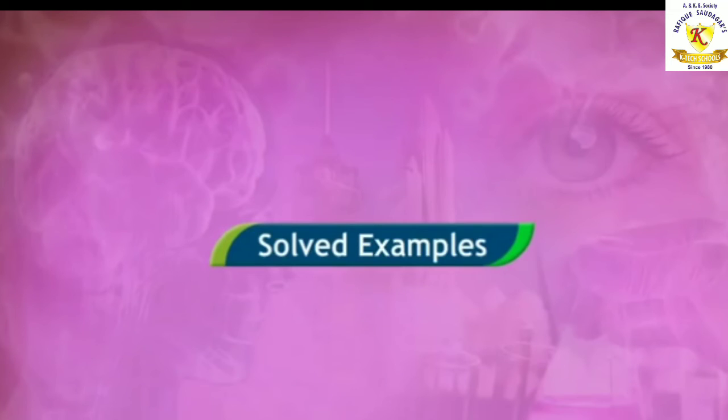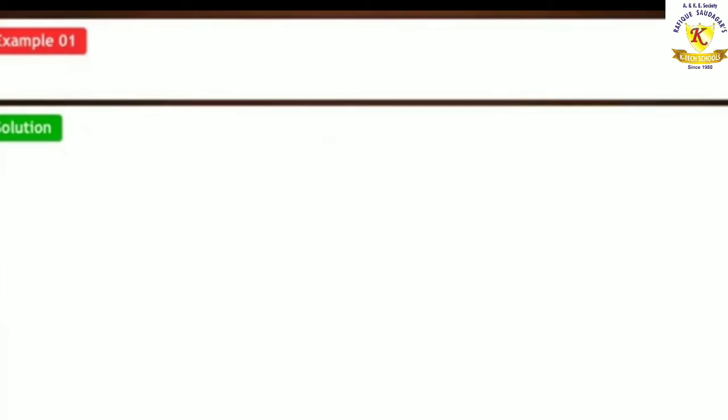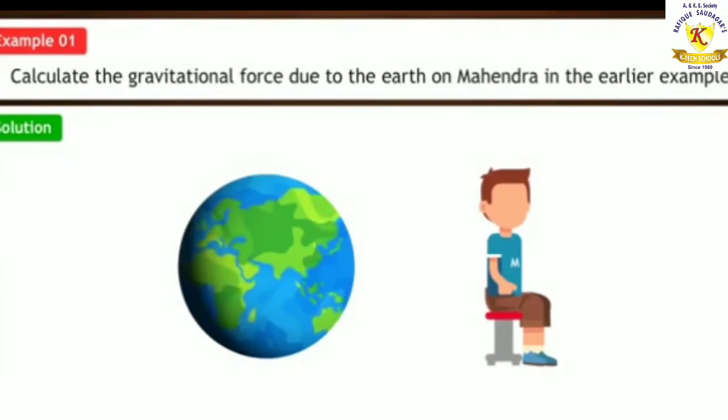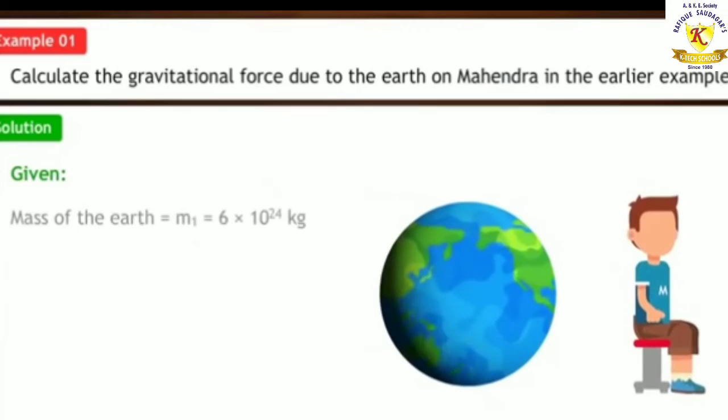Let's see some solved examples, children. Example 1. Calculate the gravitational force due to the earth on Mahendra in the earlier example. Solution. Given mass of earth, that is m1, is 6 into 10 raised to 24 kg.